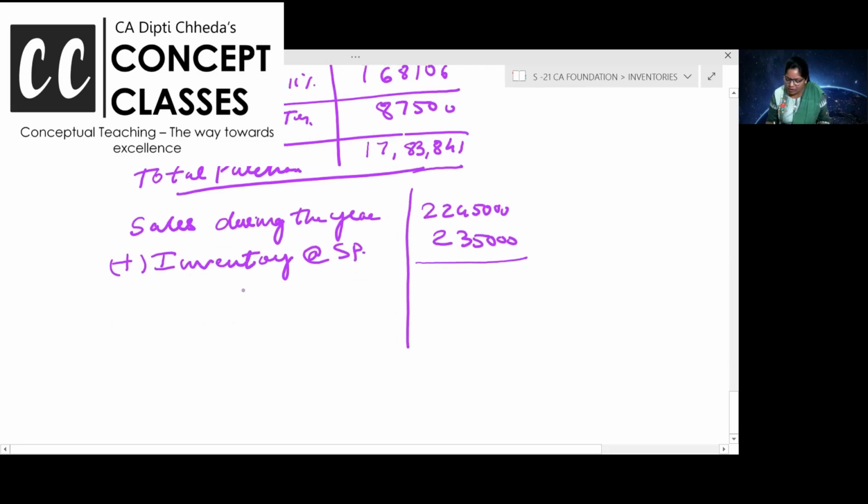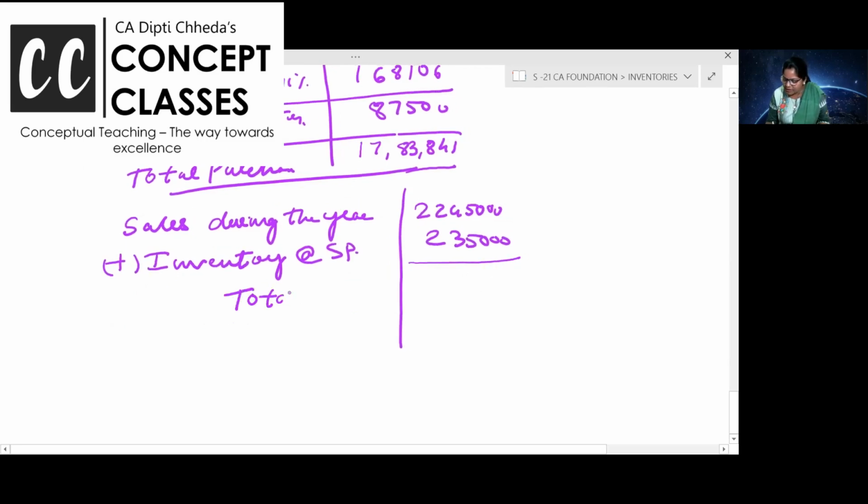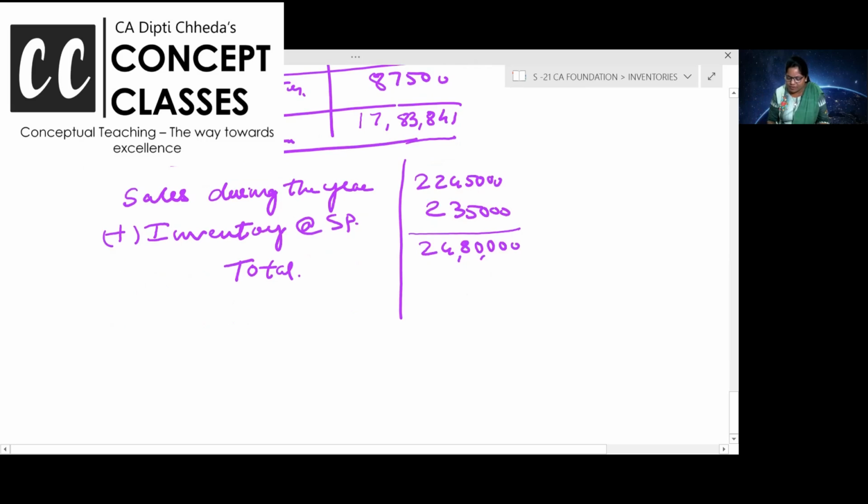So now what is the total? Just do the total. You will get some nice logical answer. 22,45,000 plus 2,35,000 is 24,80,000, the sales minus the closing stock.